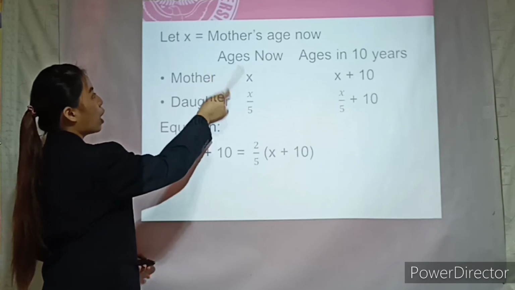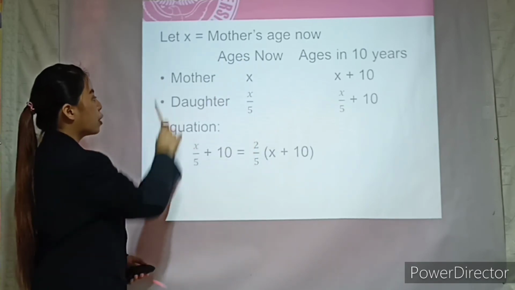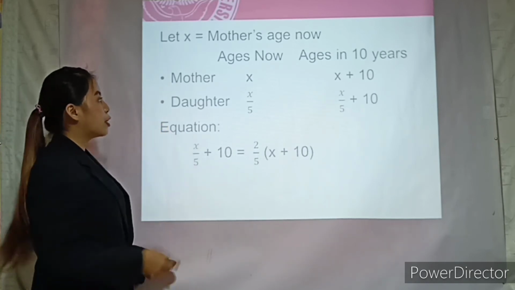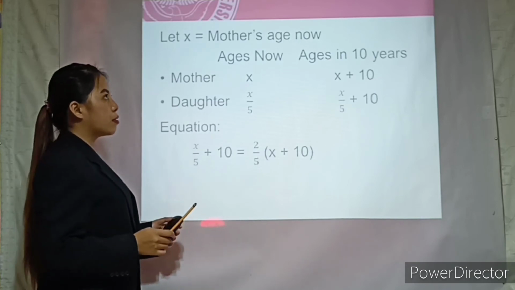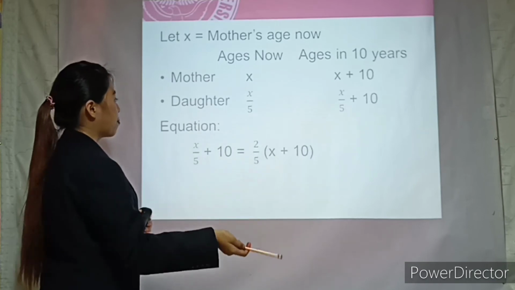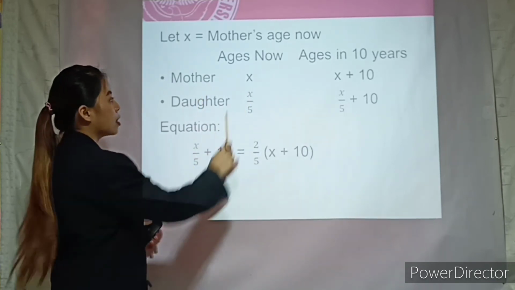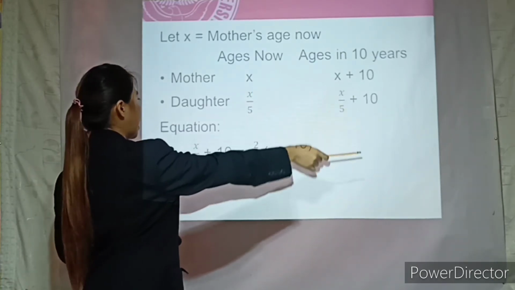Let x equal the mother's age now. So we have this graph to determine the differences of the ages today and in the following 10 years. The mother's age now is x, and her age in 10 years is x plus 10.